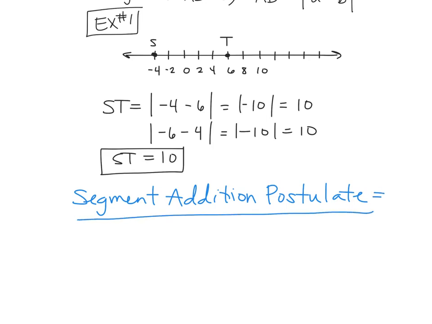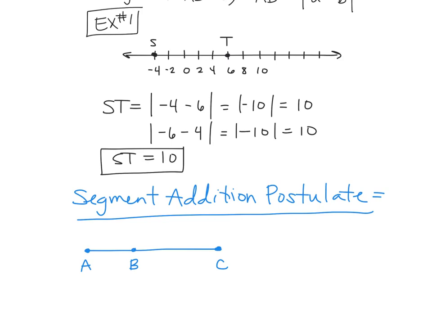So I'm going to give you a picture and see if you can come up with what you think it says. Okay, so here's point A, point B, and point C. I would like an equation that relates segment AB and segment BC to segment AC. Could you give me an equation that compares those three segments?